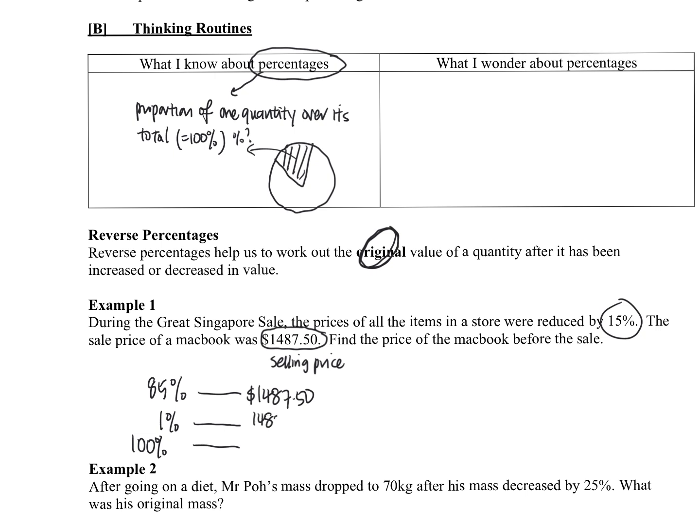So go and divide by 85, and then multiply by 100. Yes, so you will get $1,750. This is the original price of the MacBook before the sale.